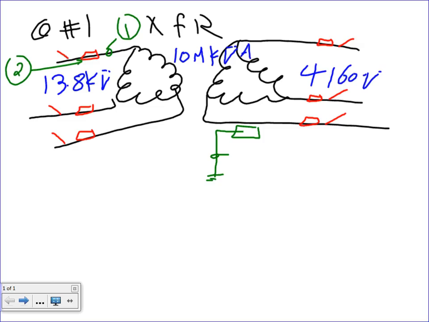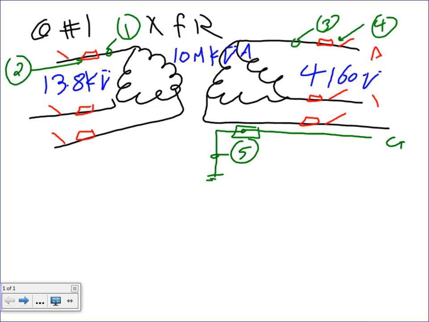Number 3, the conductor again, and the overcurrent protection device, number 4. And number 5 is the grounding electrode conductor. This is phase A, phase B, and phase C.